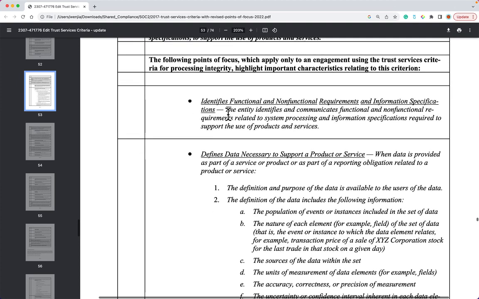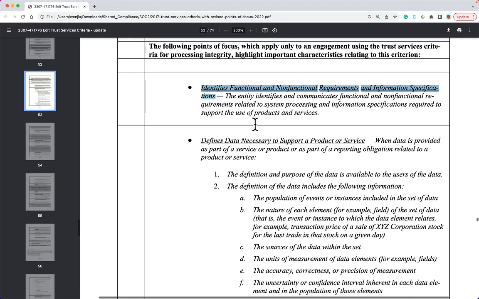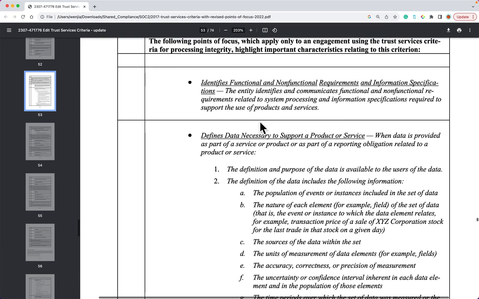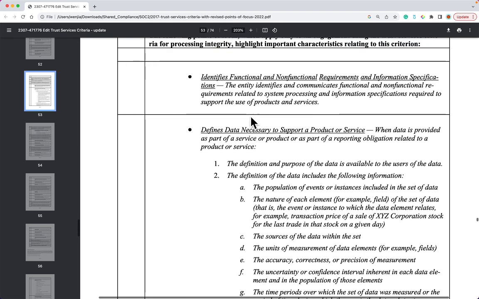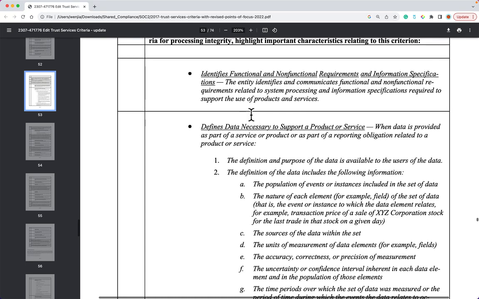So the first point of focus identifies functional and non-functional requirements and information specification. So you need to have requirements for functional, non-functional information. You need to have clear definitions for the entity to provide this service.